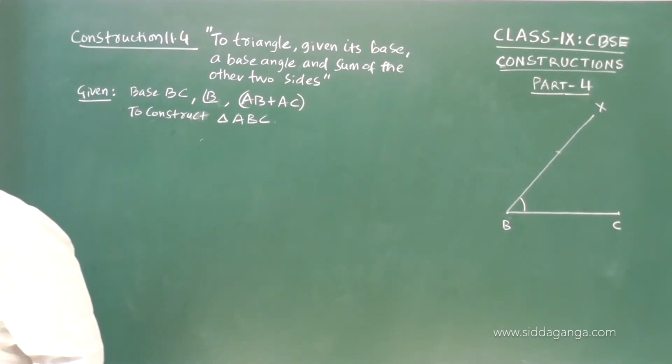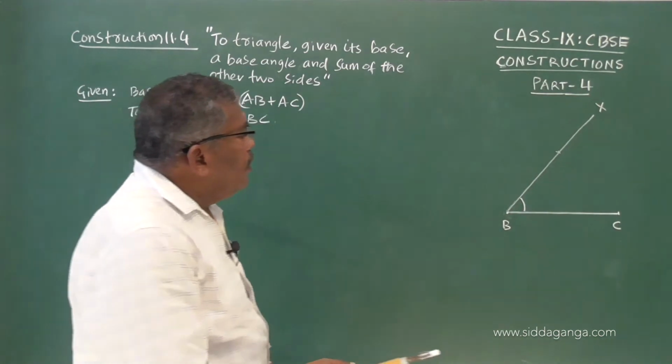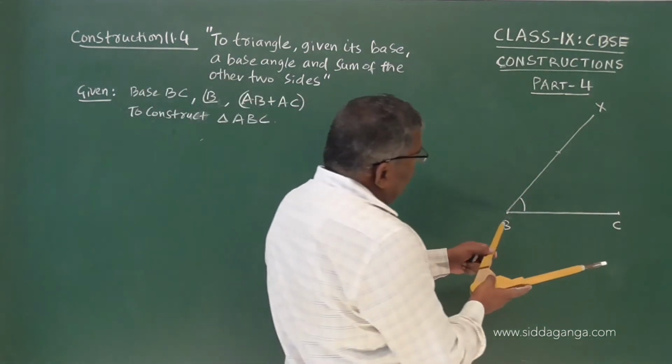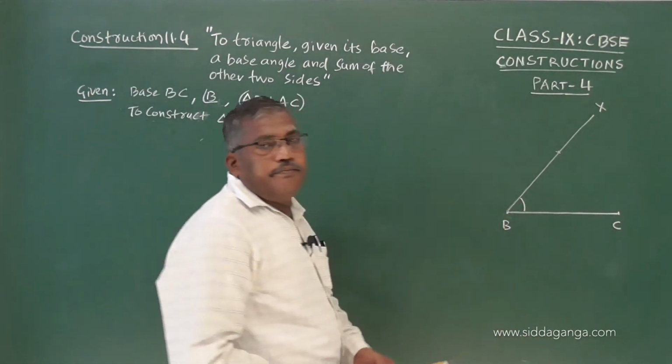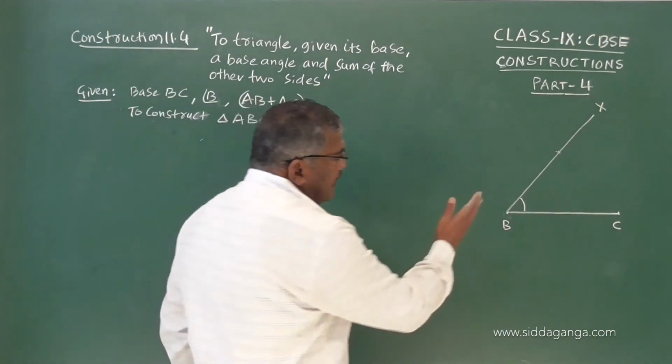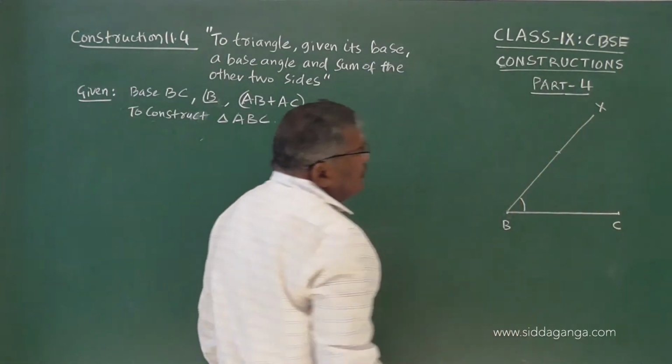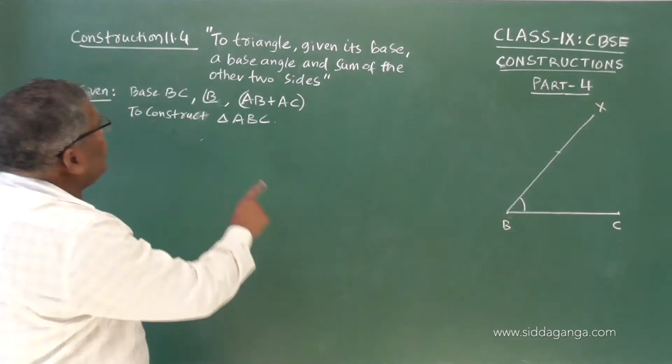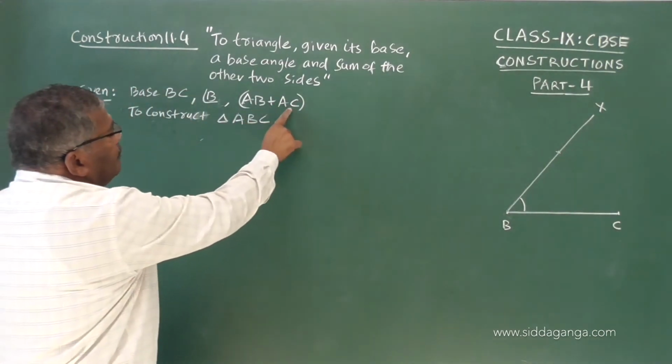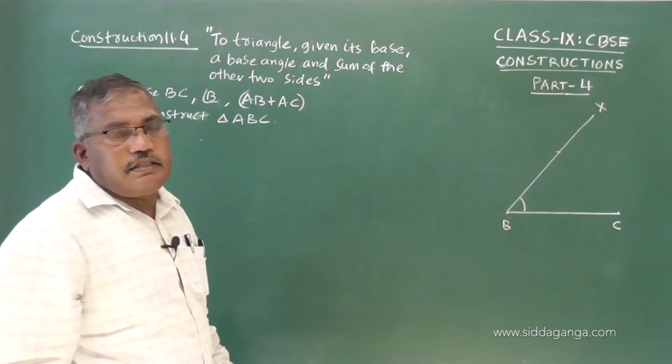Now, next step is very important. With B as center, so after getting this angle B, with B as center and AB plus AC as radius.